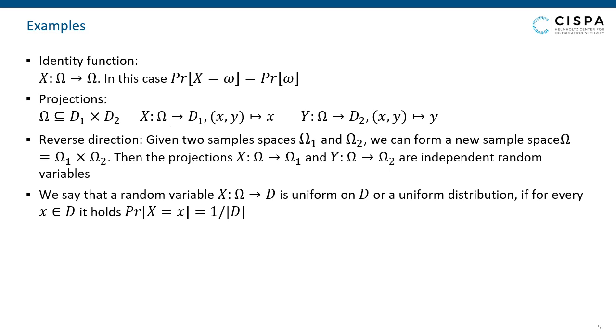So we say that a random variable X, which maps to some domain D, is uniform on D, or has the uniform distribution on D, if for every x in D, it holds that the probability that X equals x is just 1 over the size of D.